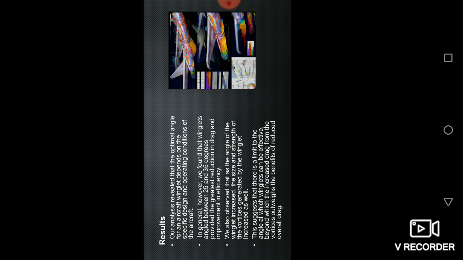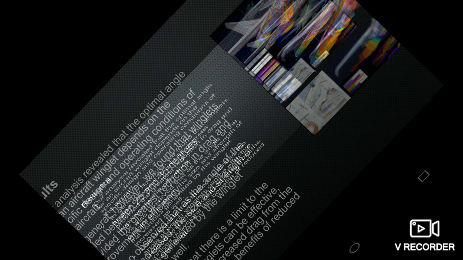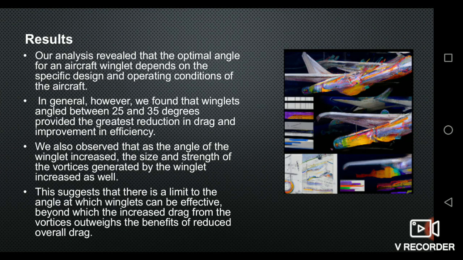Whether the design is the previous design or a new design, if we make an angle between 25 and 35, it becomes positive for us.